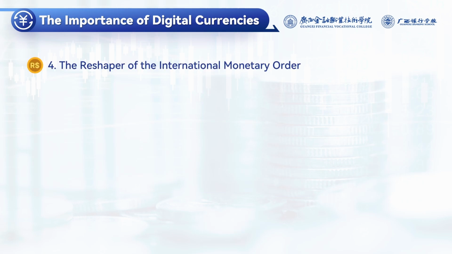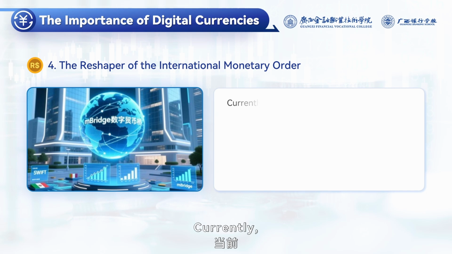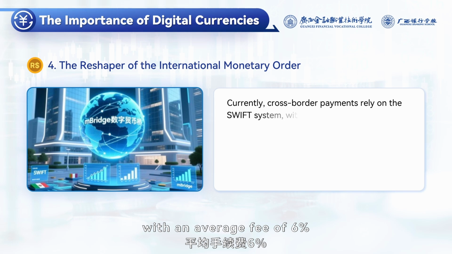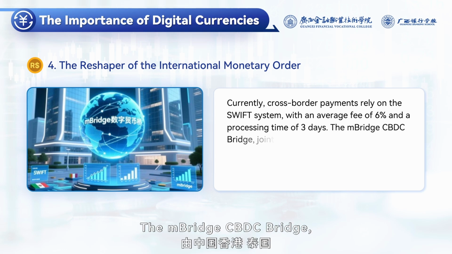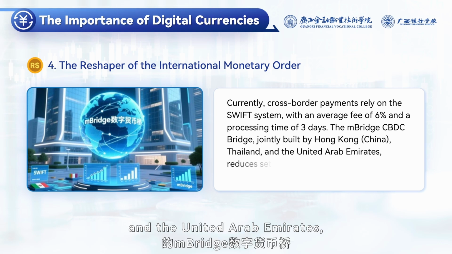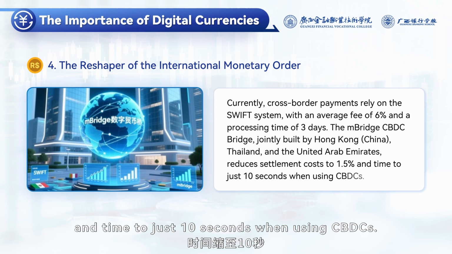The fourth is the reshaper of the international monetary order. Currently, cross-border payments rely on the SWIFT system with an average fee of 6% and a processing time of 3 days. The bridge, CBDC Bridge, jointly built by Hong Kong, Thailand, and the United Arab Emirates, reduces settlement costs to 1.5% and time to just 10 seconds when using CBDCs.